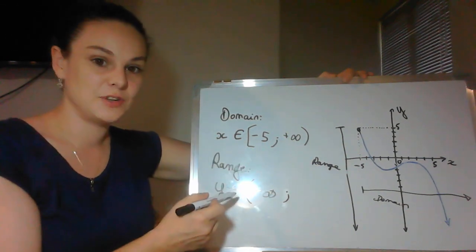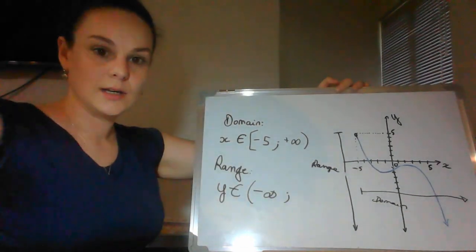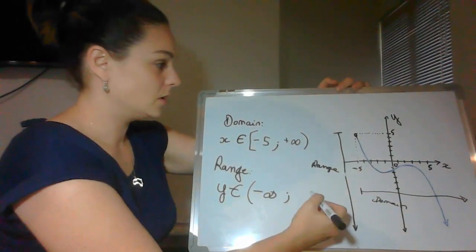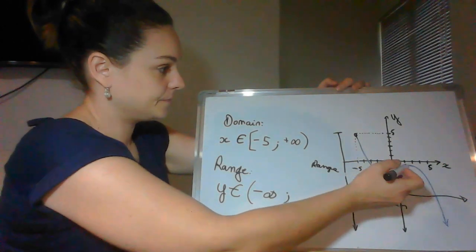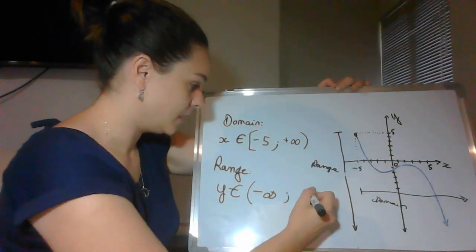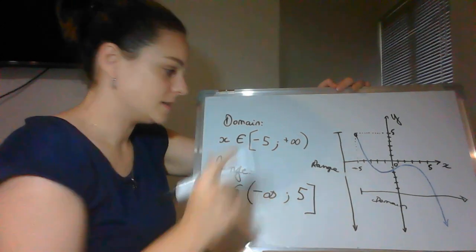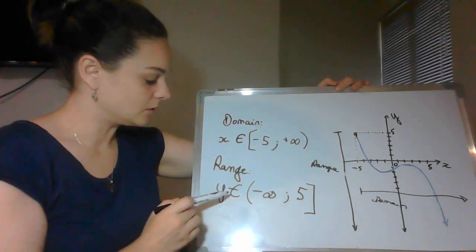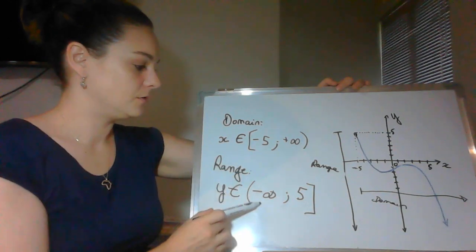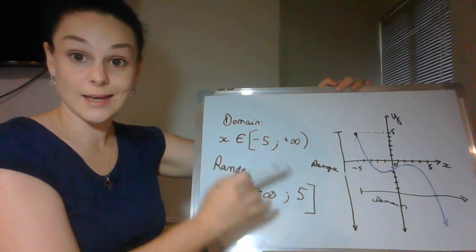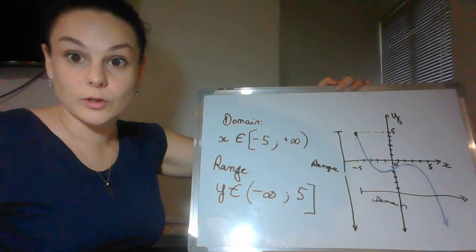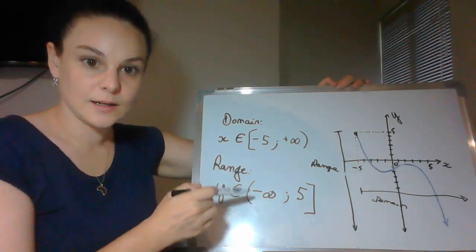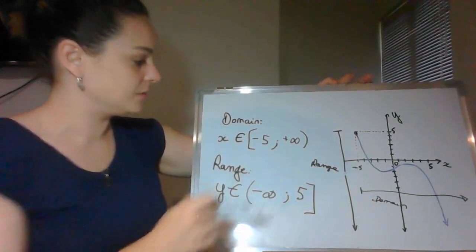So -infinity is the minimum, and then up to +5, and +5 is included because it's a full dot. So here y belongs to -infinity up to 5. Correct what I wrote on the paper. This is better. From -infinity to 5.